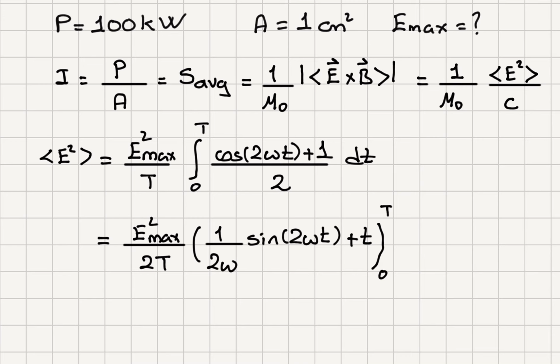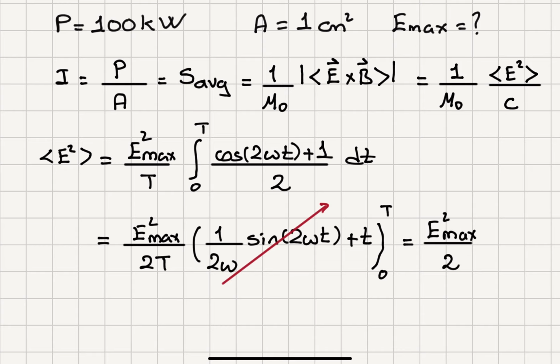And sine 0 is already 0. So we can say that this term is going to give us 0. Then we're left with the t period for this part, and t on this side and on this side will cancel, and I will have my answer, amplitude of the electric field squared, E max squared over 2.